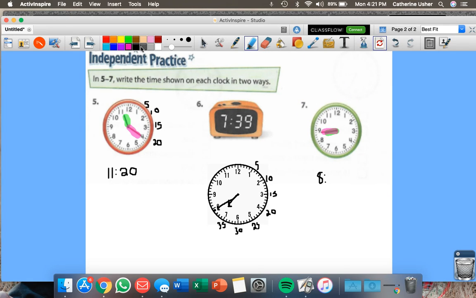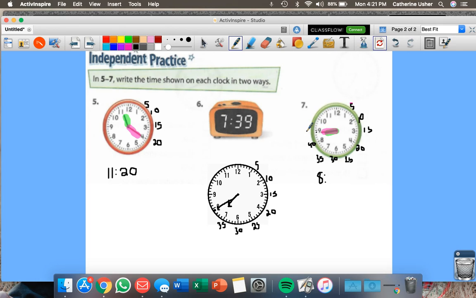So if we were to skip count by 5, starting at 12, 0, 5, 10, 15, 20, 25, 30, 35, 40, and I can either go to the 45 and then go back 1 minute, or I can just add up 1 minute until I get to right here.